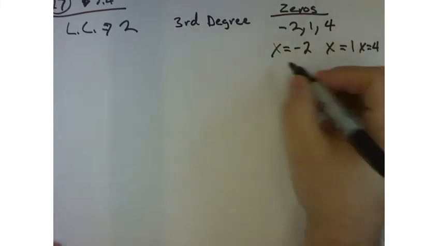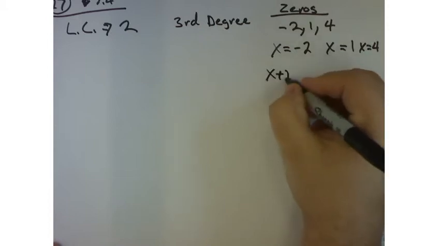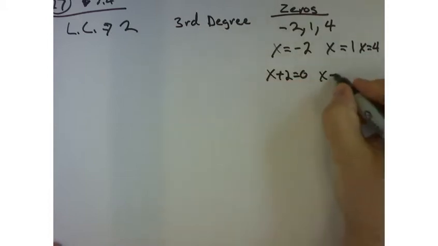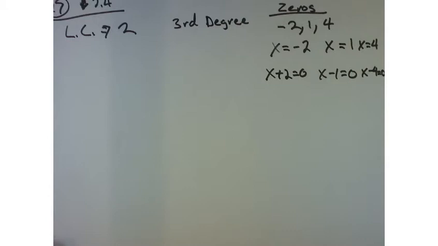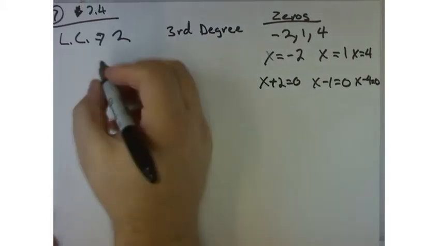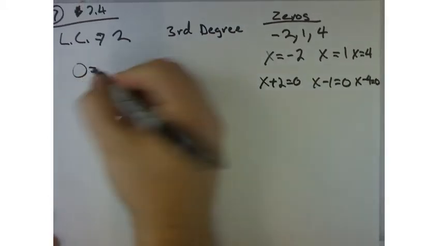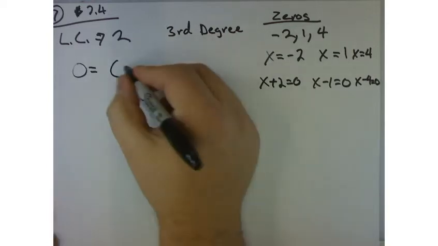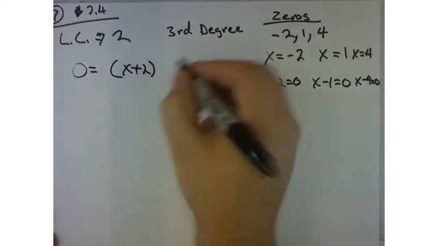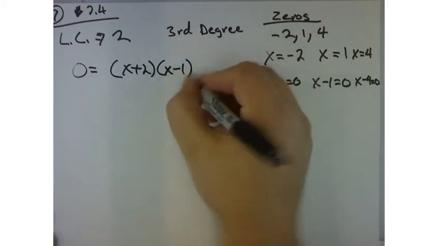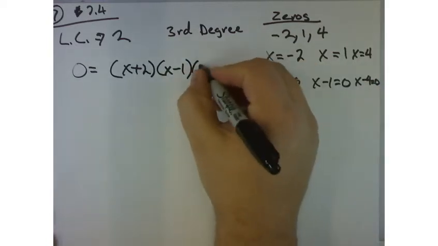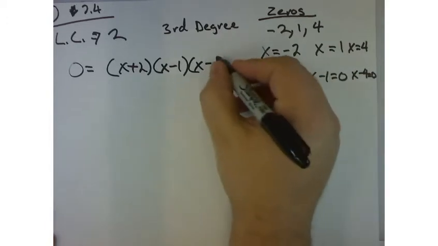So now, what that means is x plus 2 equals 0, x minus 1 equals 0, and x minus 4 had to equal 0, right? So to find the 0 of a function, I say 0 equals x plus 2 times x minus 1 times x minus 4.